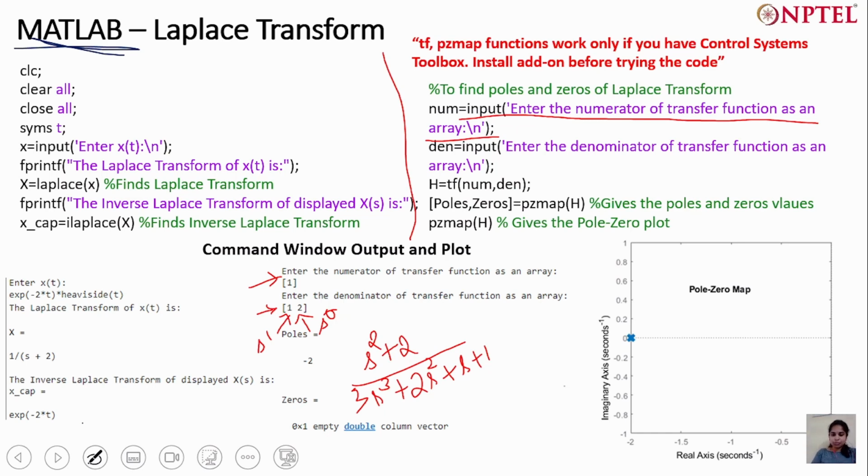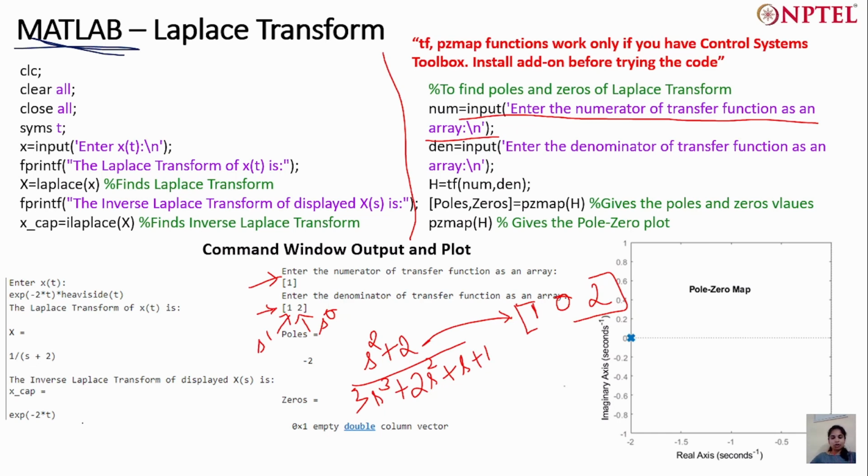For the numerator, from the left means the higher power of s. For s square the coefficient is 1, there is no s term so that is 0, and for s power 0, the constant term, it is 2. So this is how I will express my numerator.